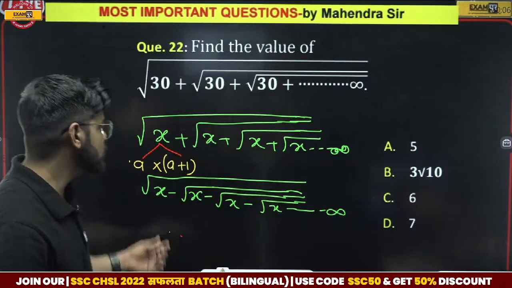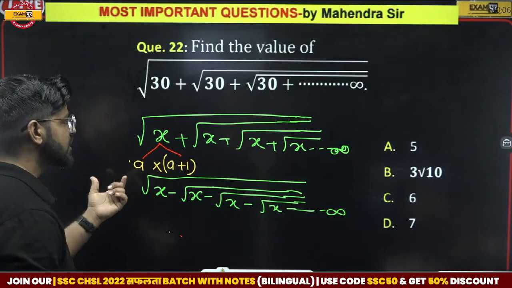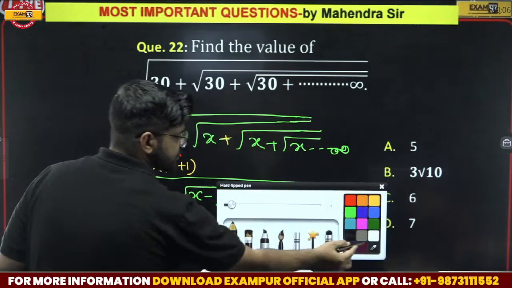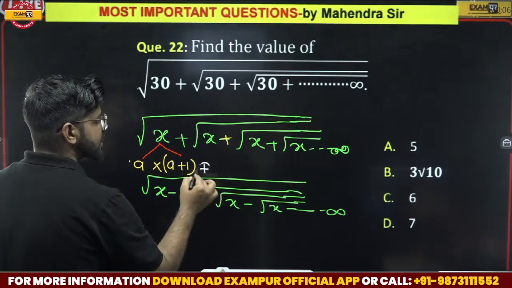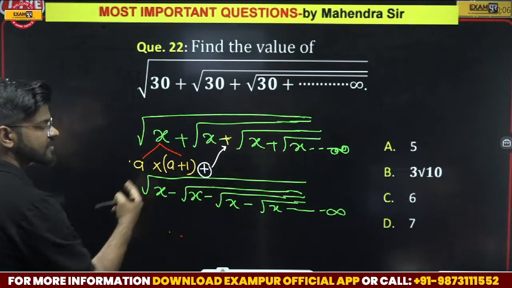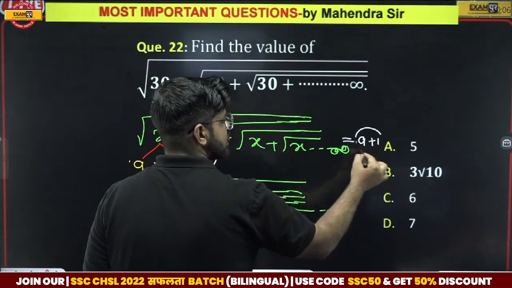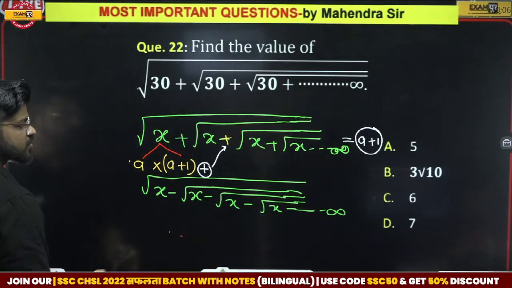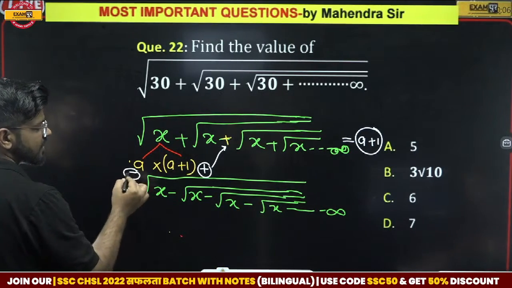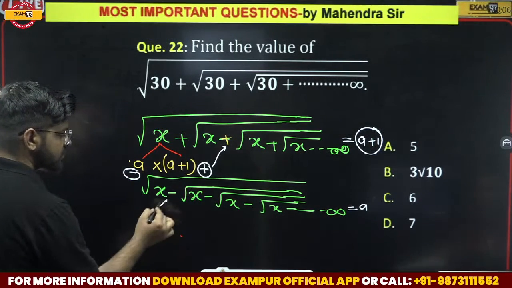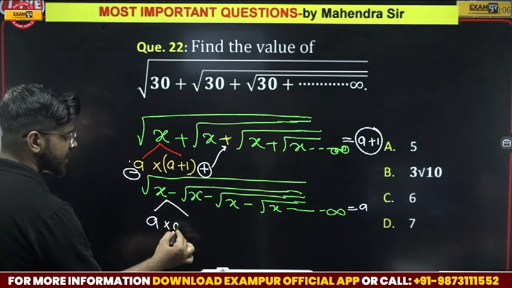If we convert it into the consecutive multiplication, then if we have plus sign, the answer will be a plus 1. But if there is minus sign, then the answer will be a. Okay, when this is converted into a minus 1.